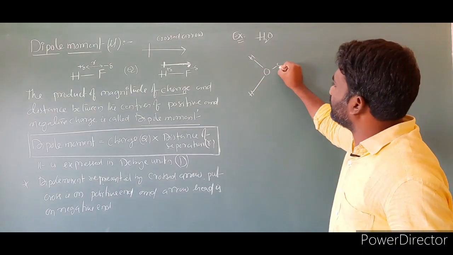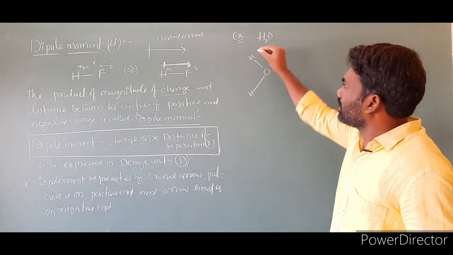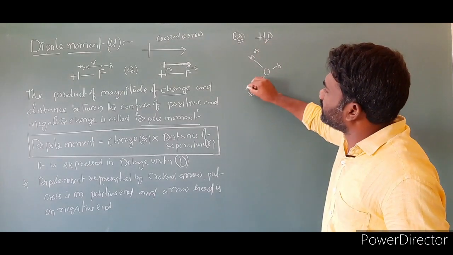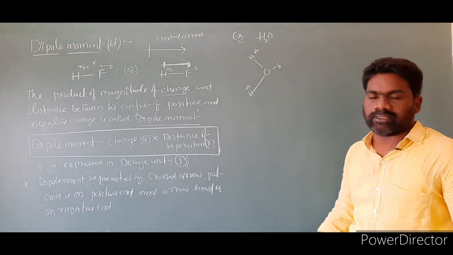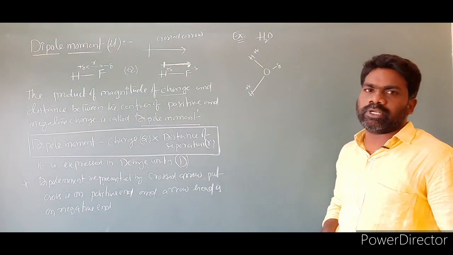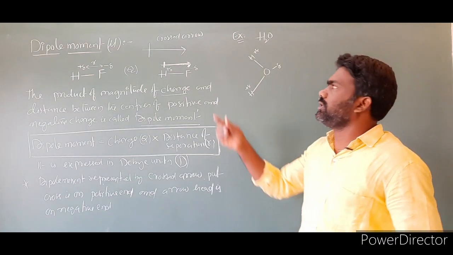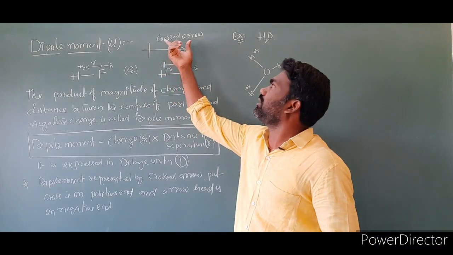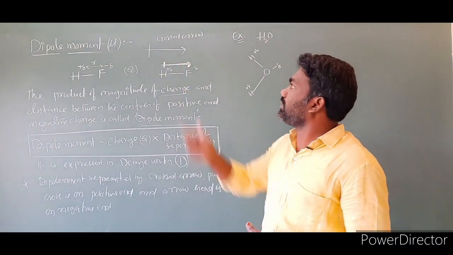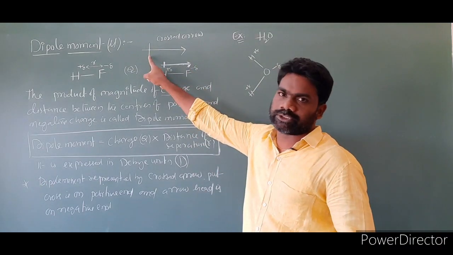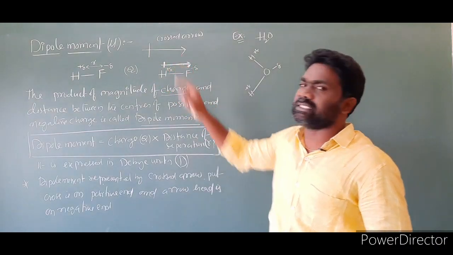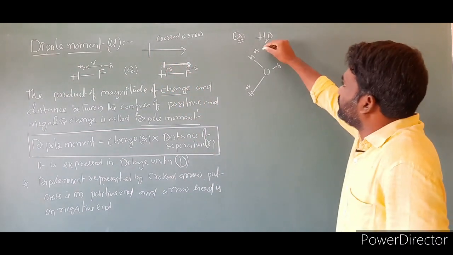So oxygen will get a partially negative charge and hydrogen will get a partially positive charge. Then we have to show the bond dipoles in this molecule. The bond dipoles will be shown by using a crossed arrow, the cross is on the positive and the arrowhead is on the negative end. You can show it.